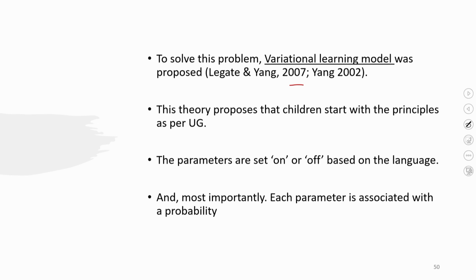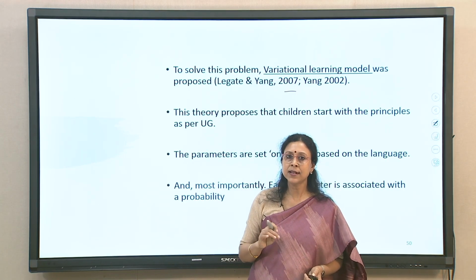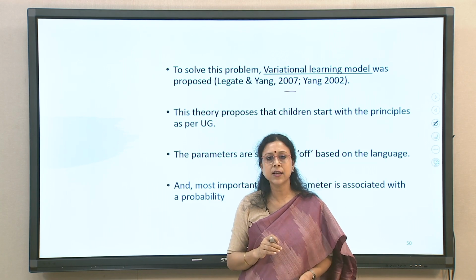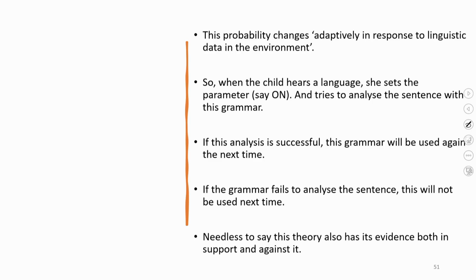The principles are already set, there are parameters that are also there, but this parameter setting is based on what they call a probability. The probability changes adaptively, that is the most important part of this theory, in response to the linguistic data in the environment.